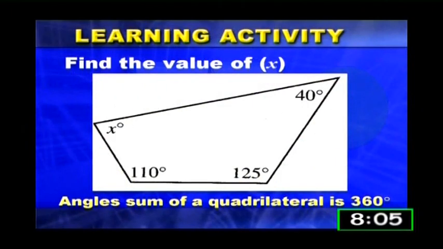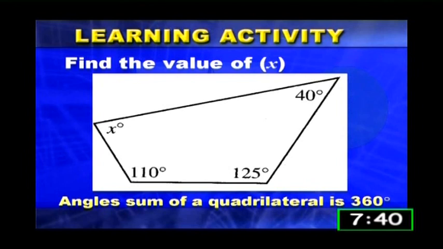I have a learning activity for you. I would like you to find the value of x of this quadrilateral which has been given. Remember, a quadrilateral has 4 sides and it has 4 interior angles. Now, in this learning activity, 3 angles of the quadrilateral are given.